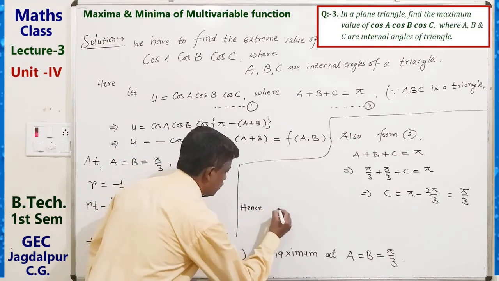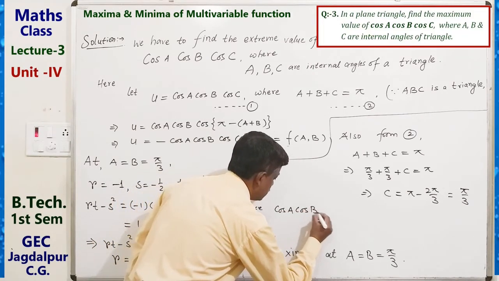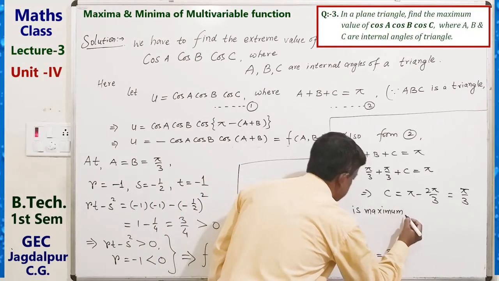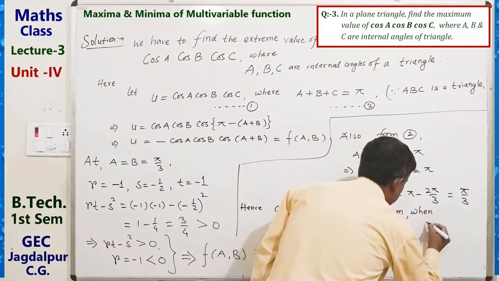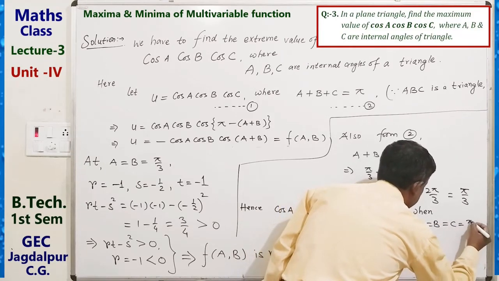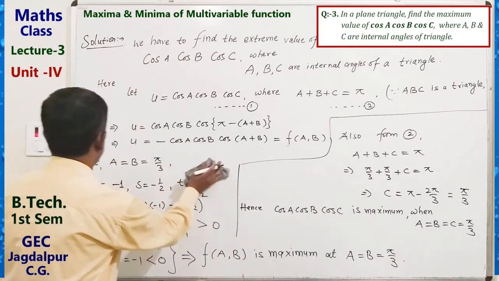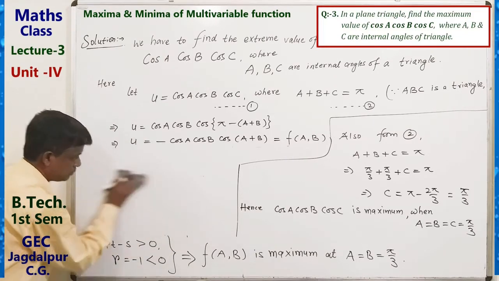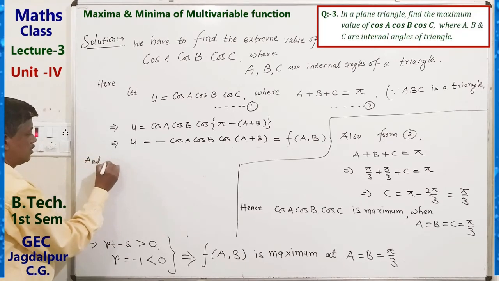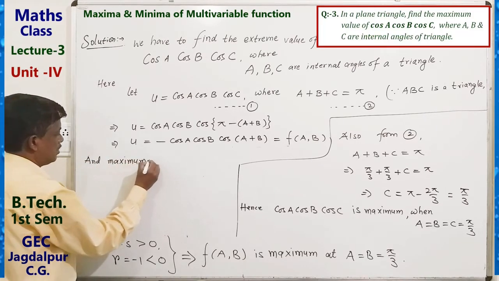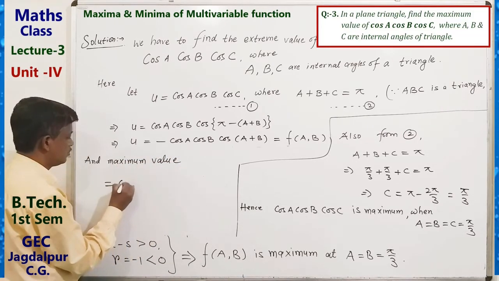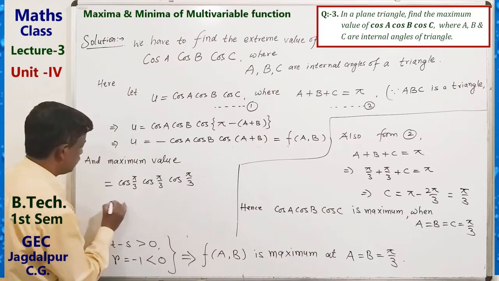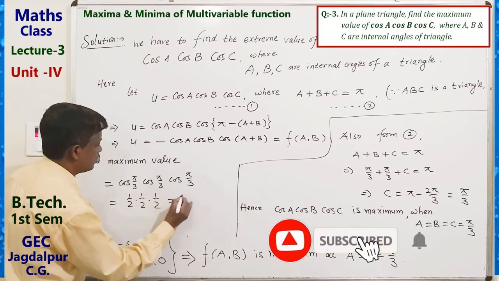Hence, cos A cos B cos C is maximum when A equals B equals C equals pi by 3, and the maximum value equals cos pi by 3 times cos pi by 3 times cos pi by 3, which equals 1 by 2, 1 by 2, 1 by 2, which is 1 by 8.